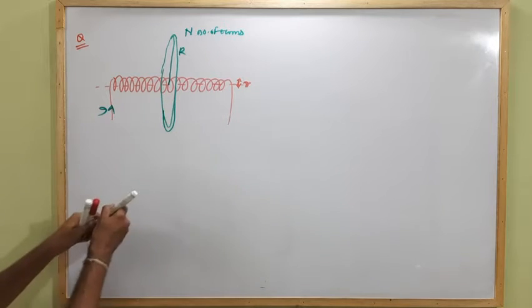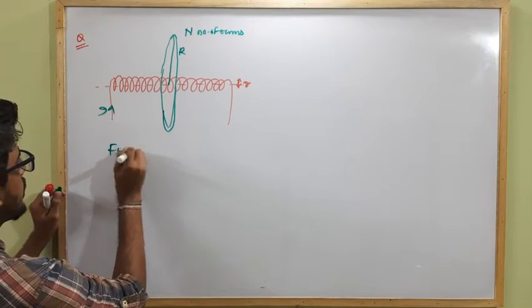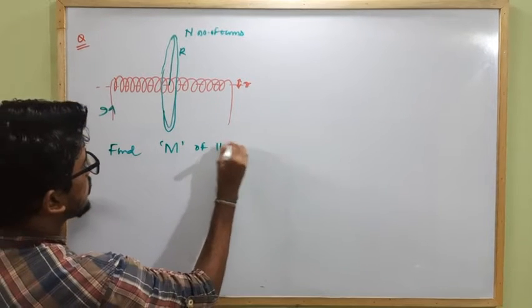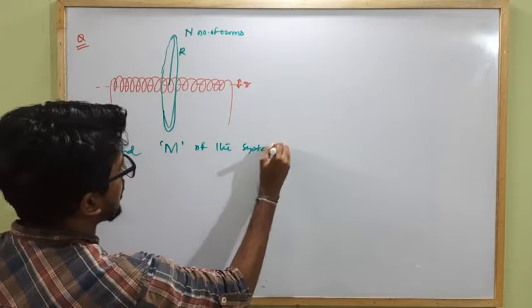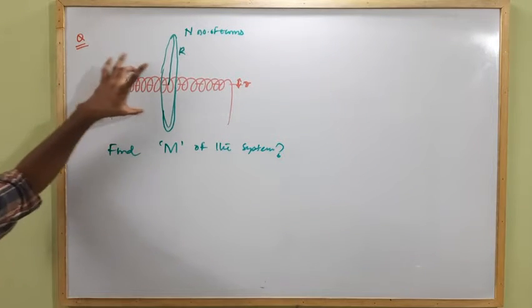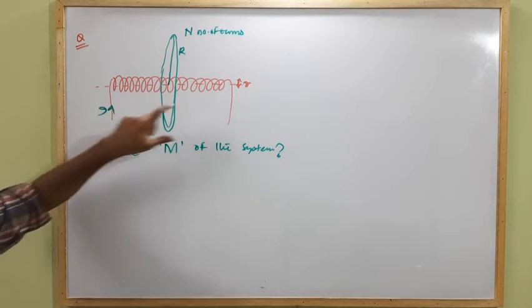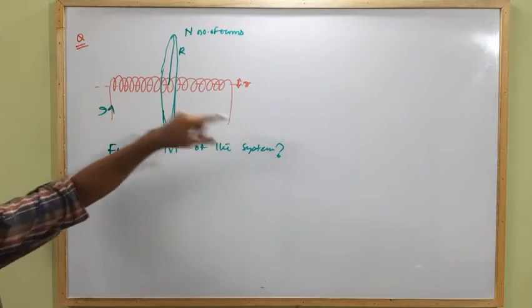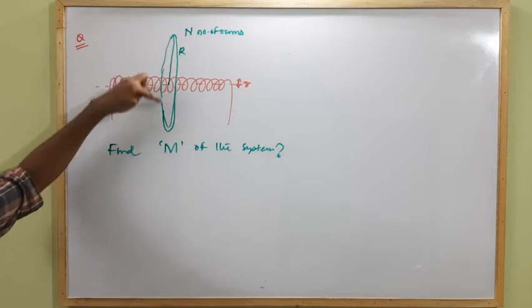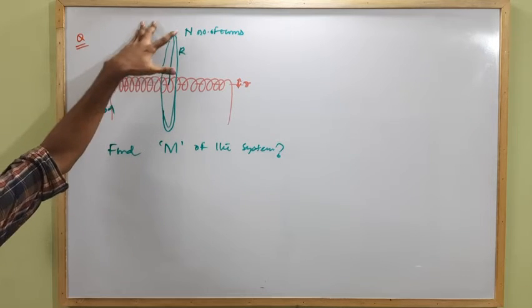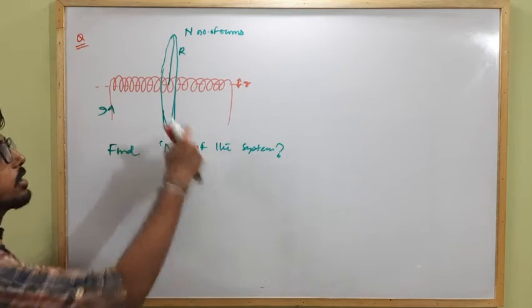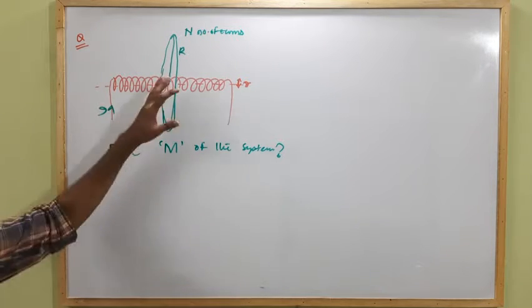So now we have to find the mutual inductance of the system. So what will be the mutual inductance for these two coils of this system?